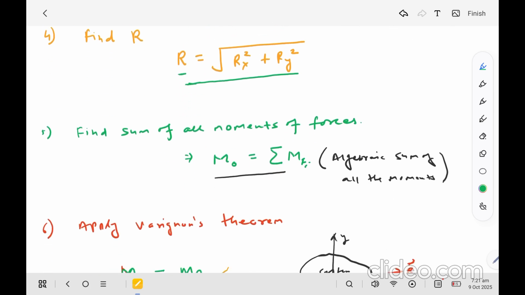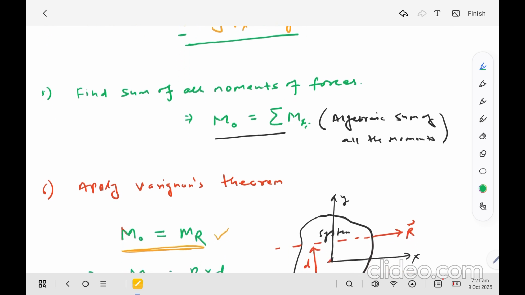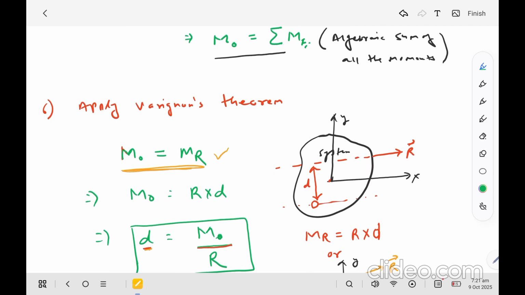Up to here we know the value of the resultant, but we still do not know the position of the resultant from a given point on a body. So we consider a reference point, and then we find the moments of all these forces about this reference point, and then we do the algebraic sum of all these moments using the sign conventions, meaning in anti-clockwise we use the positive sign, in clockwise we use the negative sign.